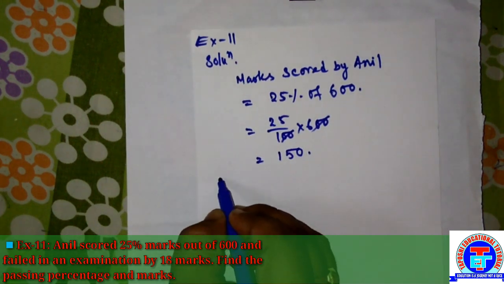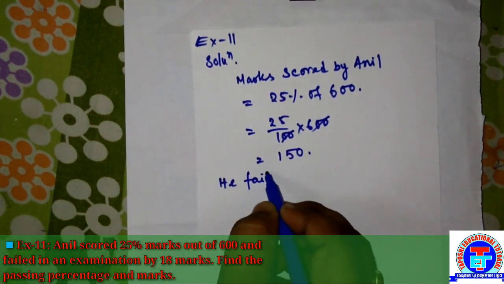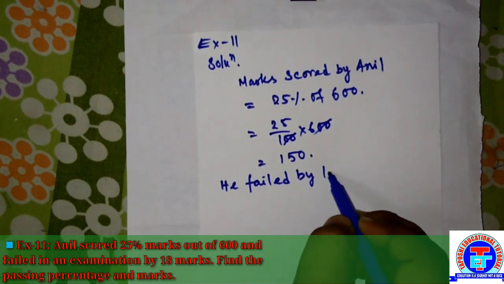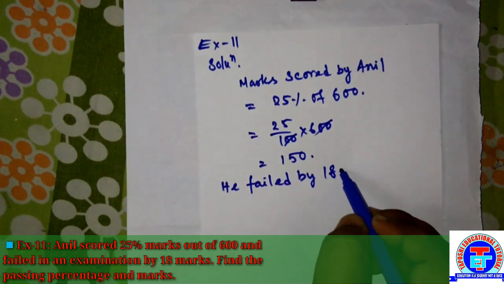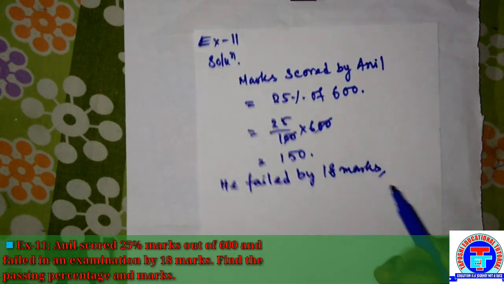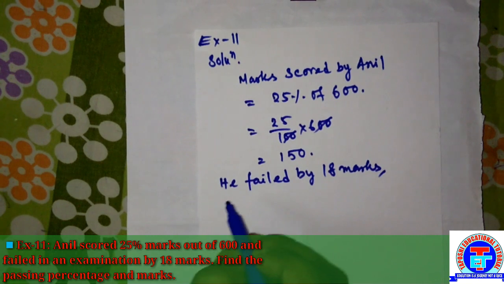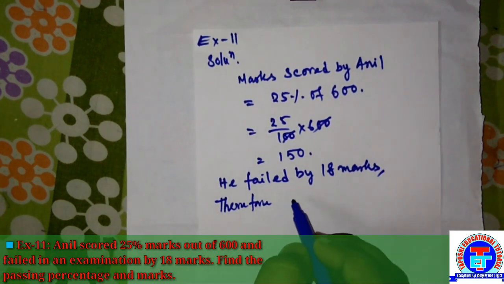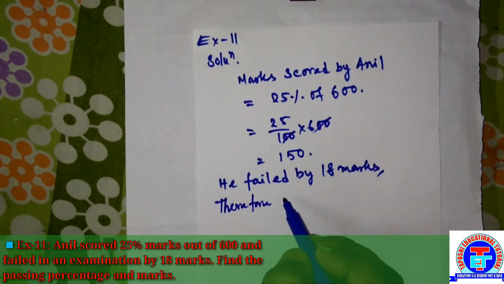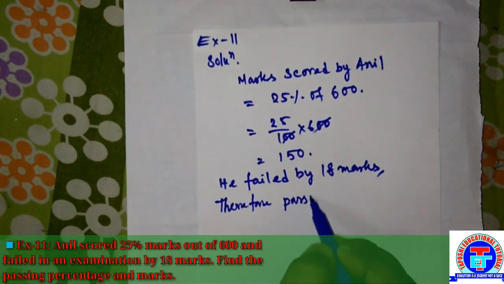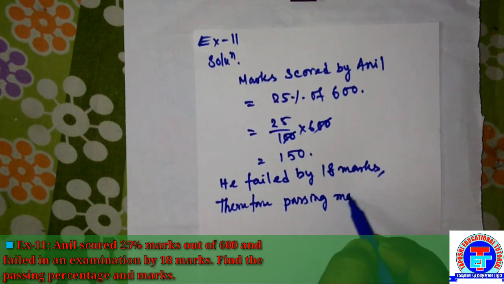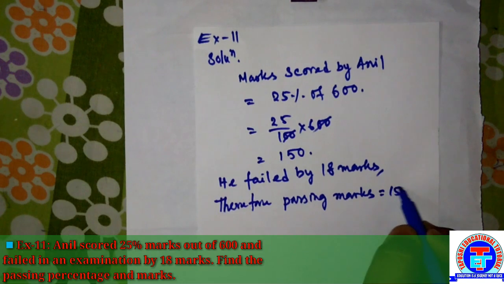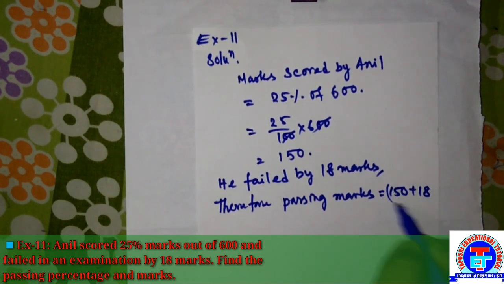But he failed by 18 marks. Right? Therefore passing marks will be 150 plus 18.